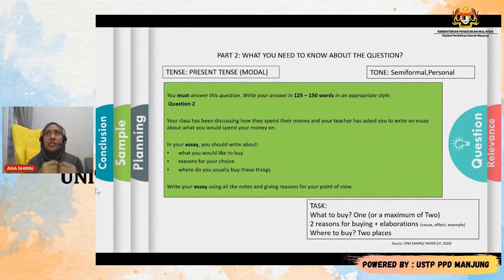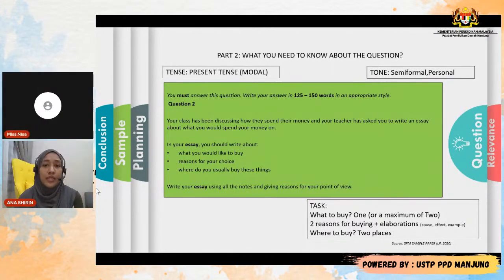Part 2 question is a bit broader but still personal to yourself. Why do I say it's broader? Because now you are expected to write an essay, right? And you have more words that you have to write. And then they only ask you to write in an appropriate style.